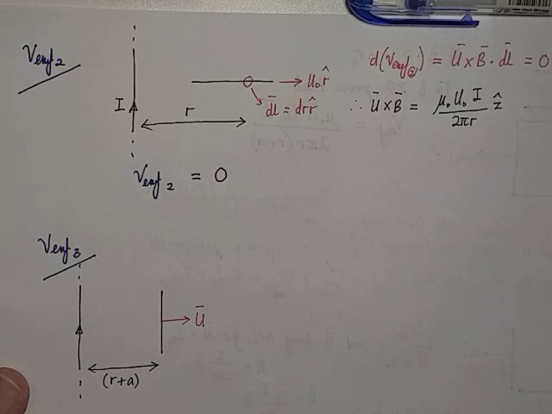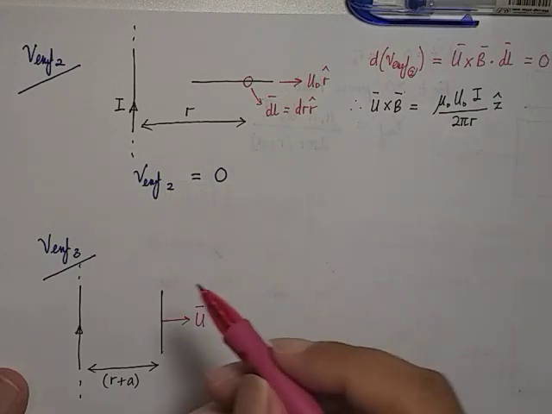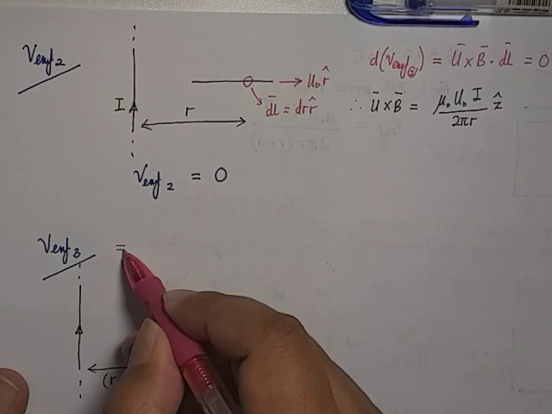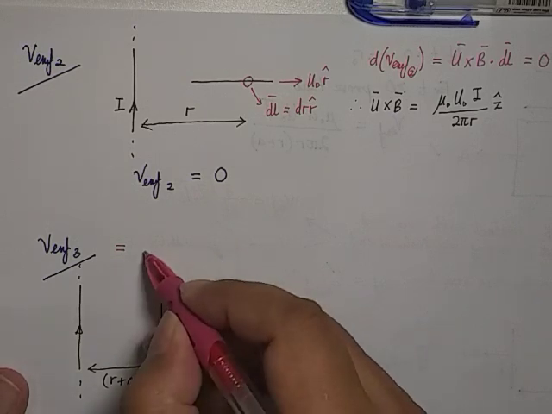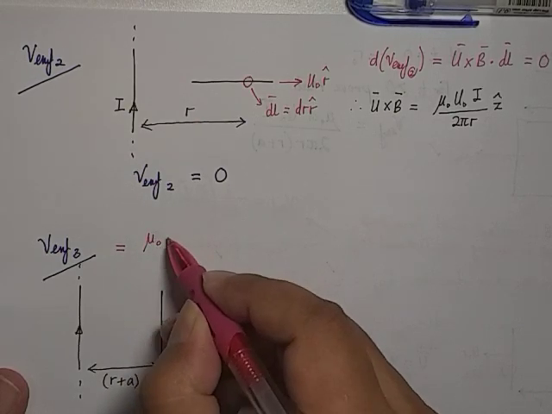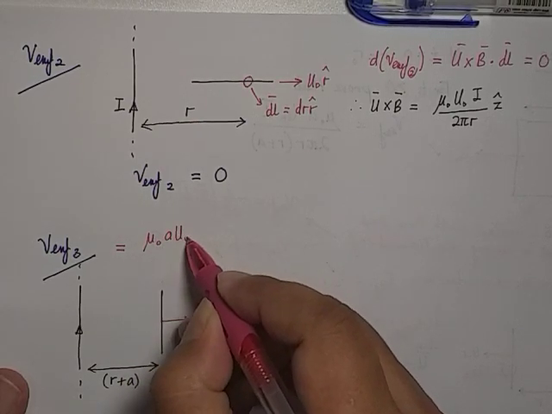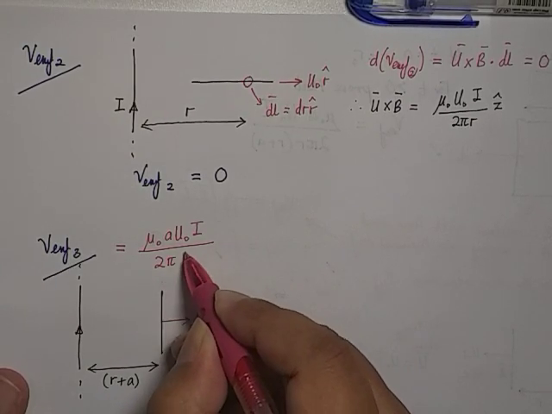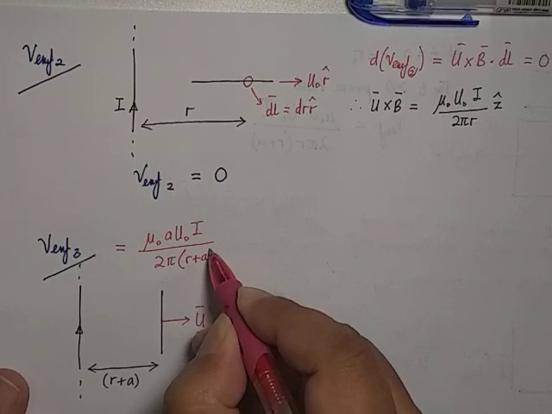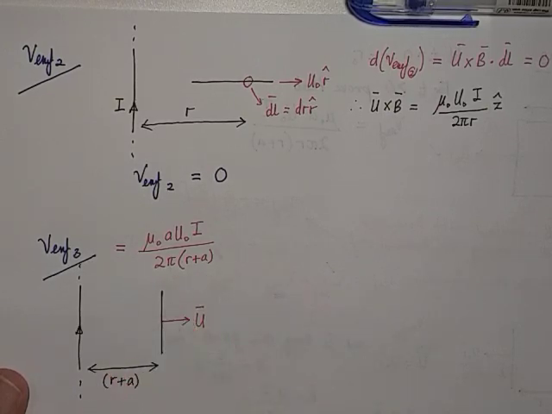Okay, so by seeing that and comparing with our previous solutions, what we can say is that VEMF number 3, if you do it properly, is going to be not equal to 0, because that's what I have proven in side number 1 is produced VEMF. So it's going to be mu naught A U naught I over 2 pi, yes, R plus A. That should be the only difference, the distance.